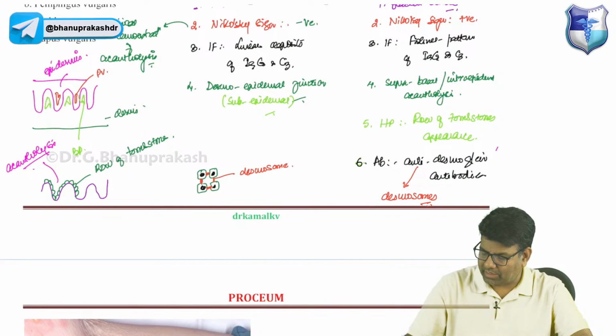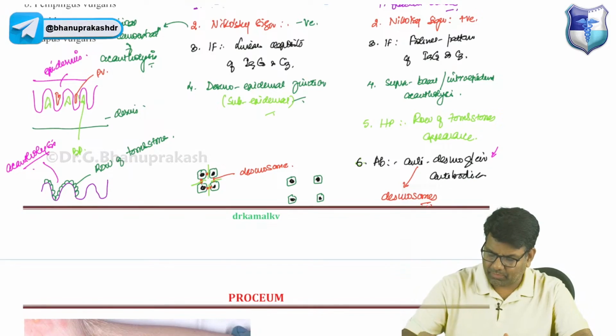So if there is any antibody against desmoglein, it is going to break the desmosomes. What will happen once the desmosome is broken? The cells will move apart, like this, and this is known as acantholysis.